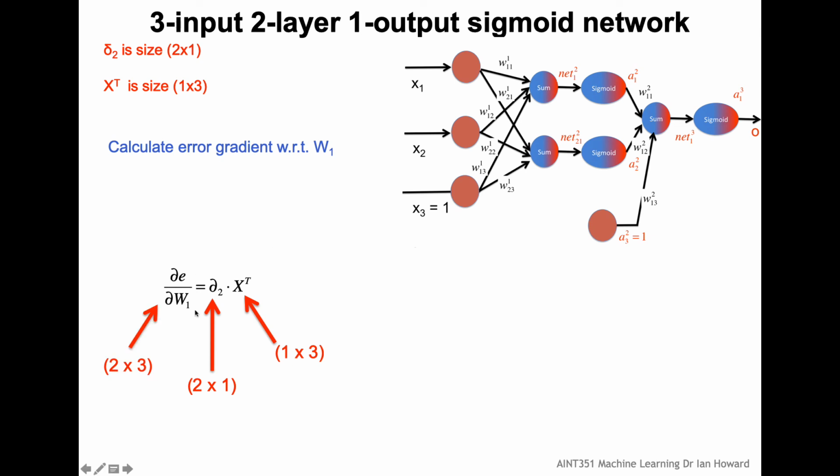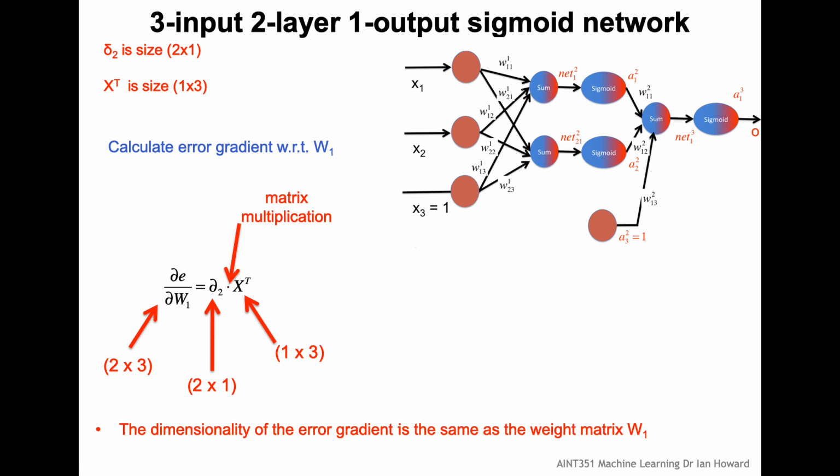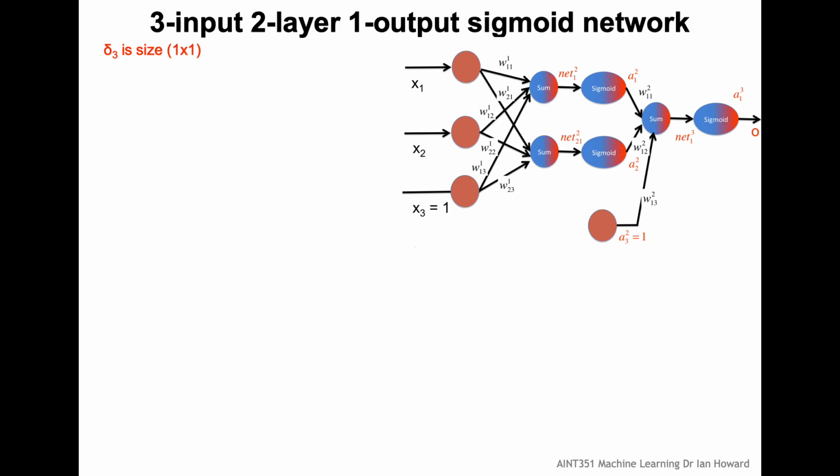We can see that it's got to be the same size as the weight matrix. That's always the check that you can make, because this is the differential of the error with respect to W1. It's got to have the same dimensionality as W1, and that's a matrix multiplication in order to get that to do the right thing.